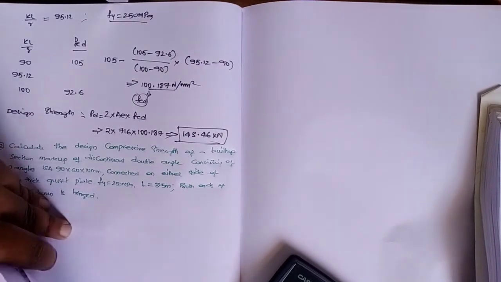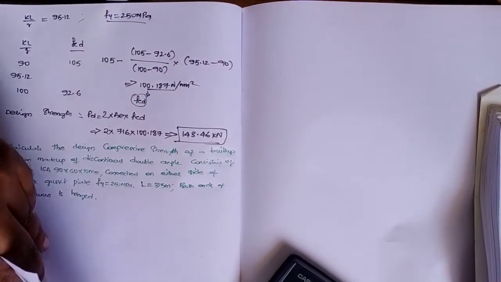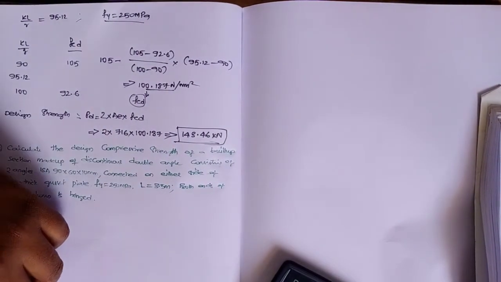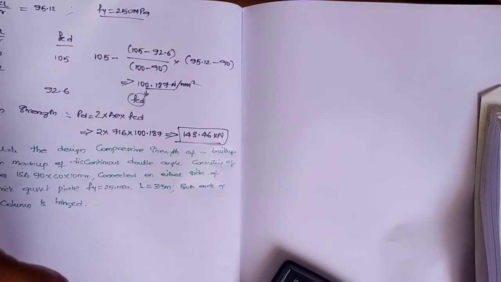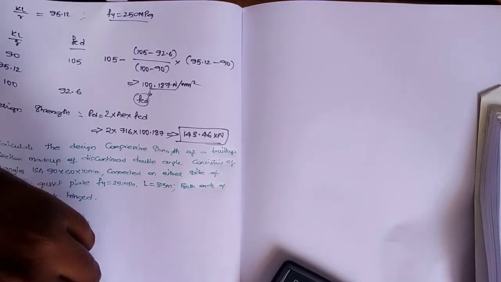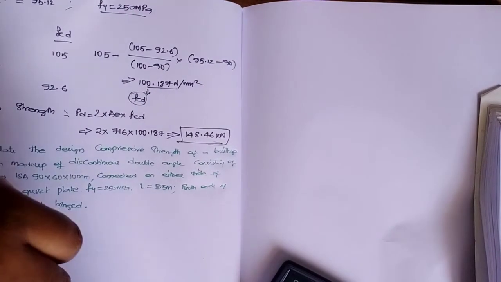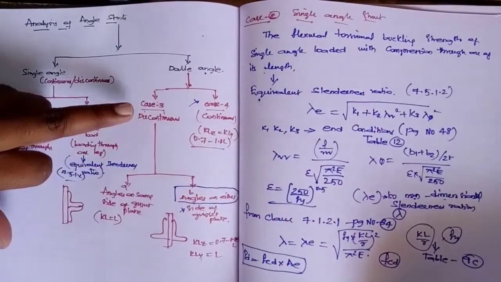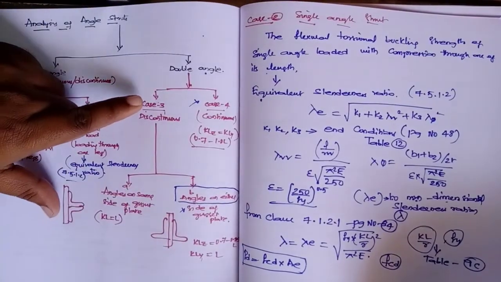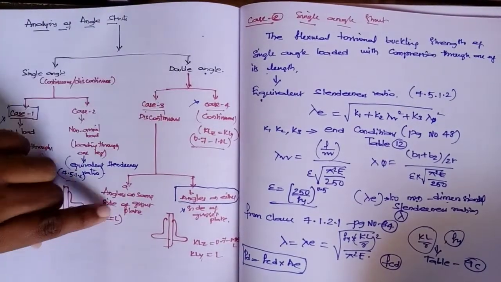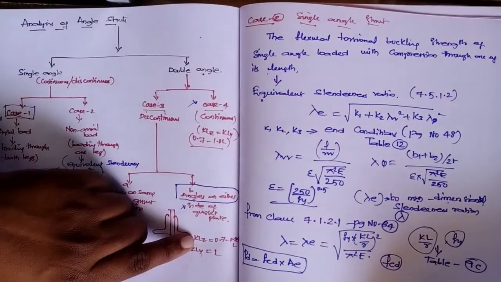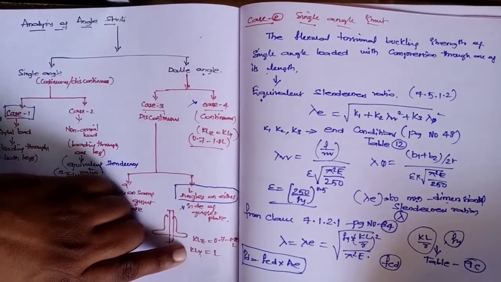Now here, what is the case we'll see now. Discontinuous double angle on either side. Okay, discontinuous, right? Same side we have done; now on either side of gusset plate. So you will be having KLZ and KLY.